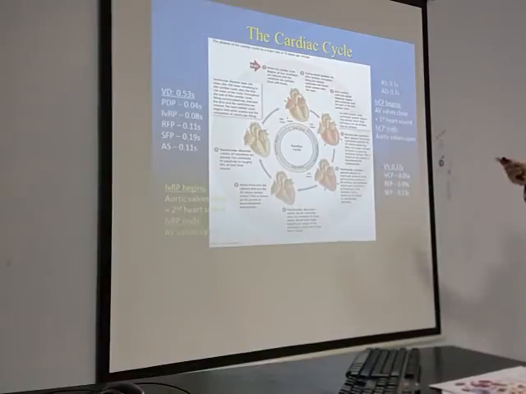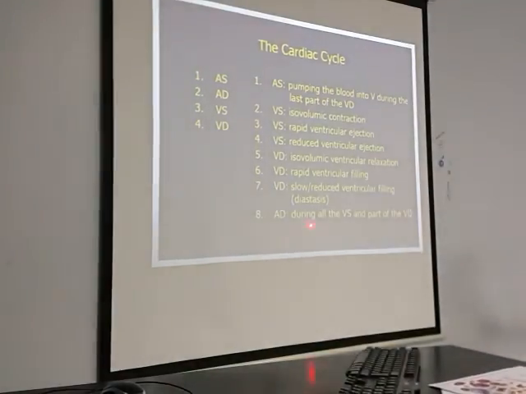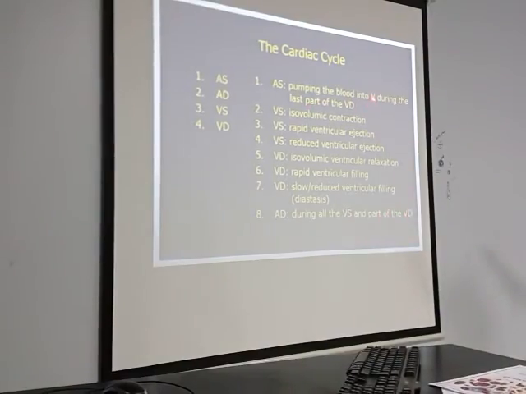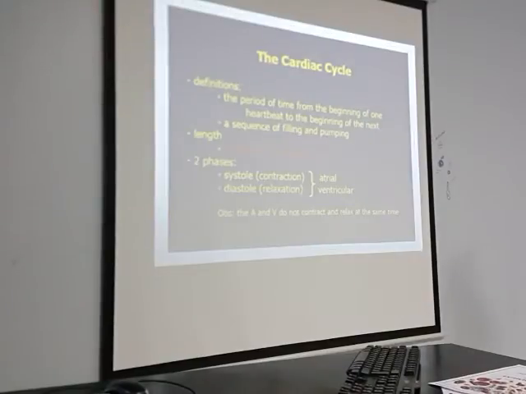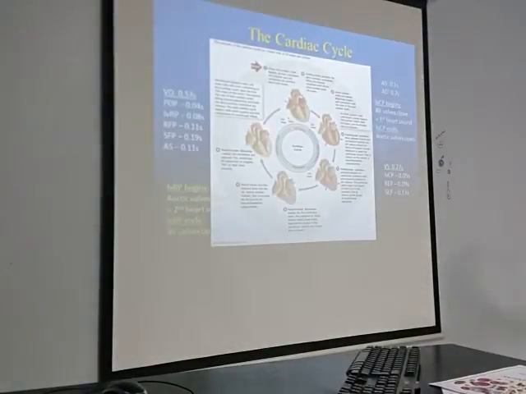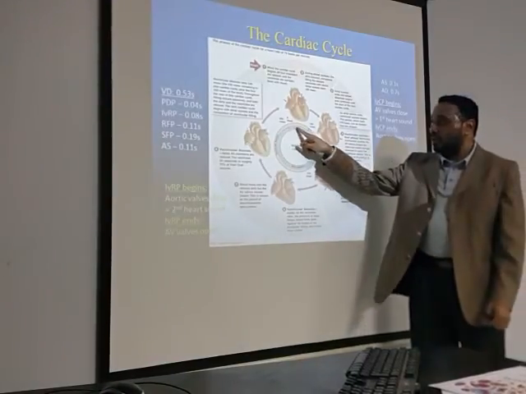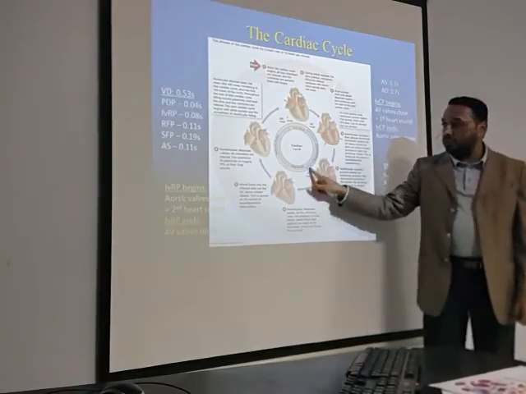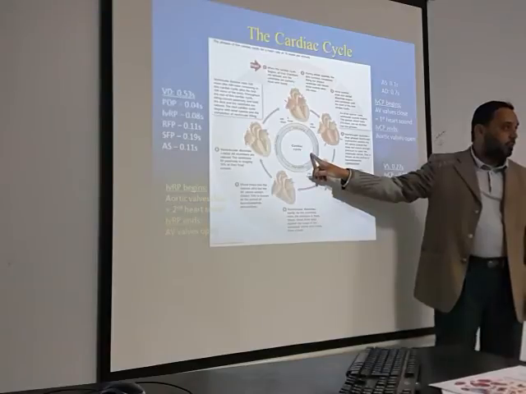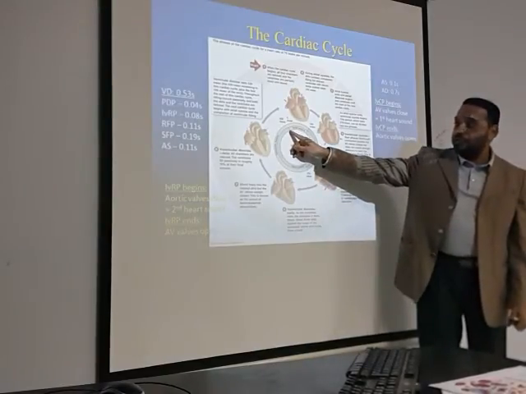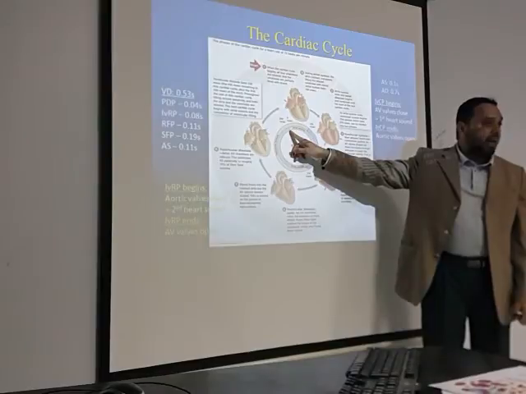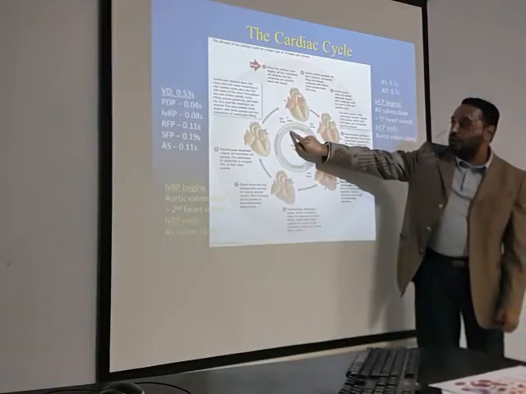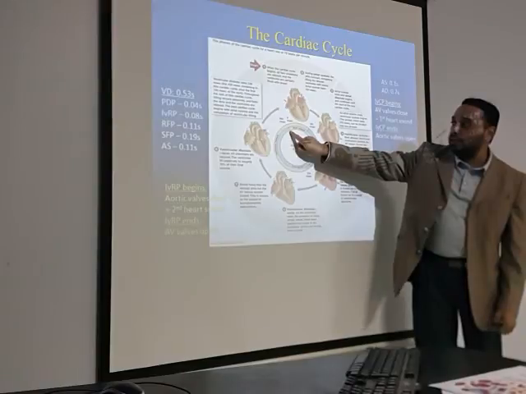There was one point in the previous slide which told you that atrial diastole lasts during all of the ventricular systole and part of the ventricular diastole. Here also there was something during the last part of ventricular diastole. So if you see these 2 cycles, the inner cycle is the atrial systole and diastole, and the outer cycle is the ventricular systole and diastole. Point 0, the beginning of the cardiac cycle, is the point from where the atrial systole begins.